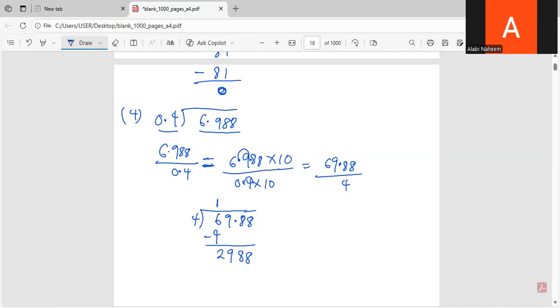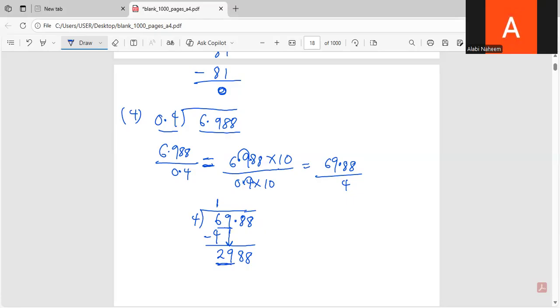How do you put it? The patient first. So we said 4 in 6 is 1. 4 times 1 is 4. 6 minus 4 is 2. And we have 2988. After now dividing, we now say 4 in 2. 2 is smaller, right? Now say 4 in 29. You know we have 69 here. It is the 9 here we transferred down. And the decimal point is after our 9 here, right?